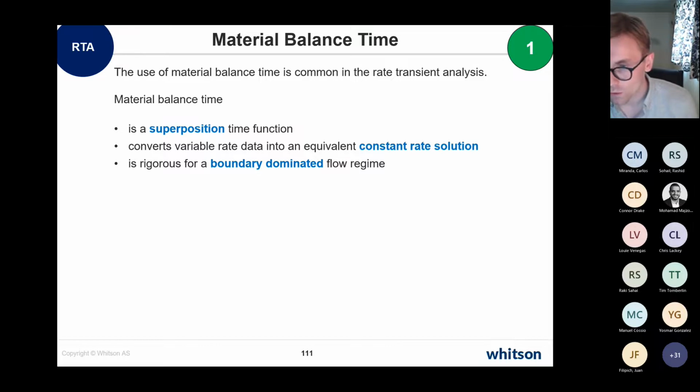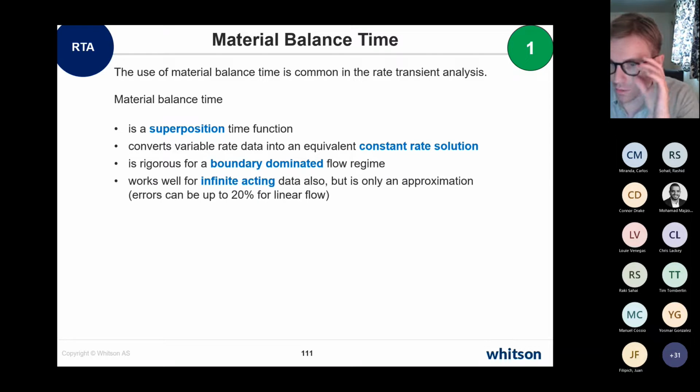So there's theory and mathematics behind it, it's a rigorous technique analytically. But it's also found from practical cases that it works very well for infinite acting data as well. But it should be noted that it's only an approximation. So errors can be up to 20%, but it works well.